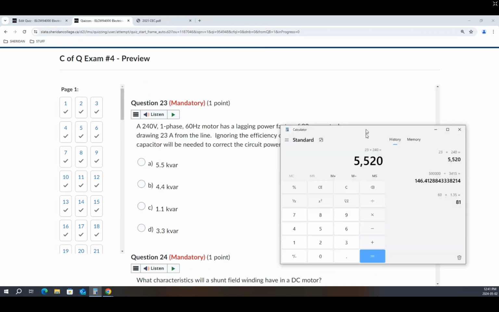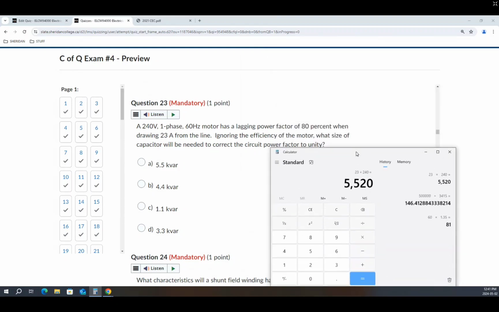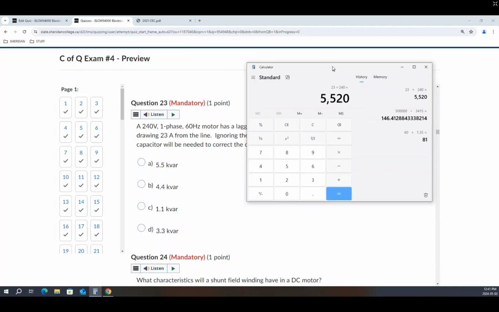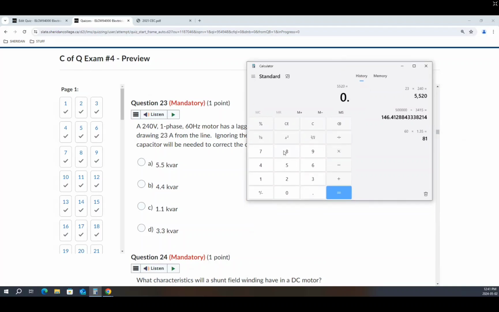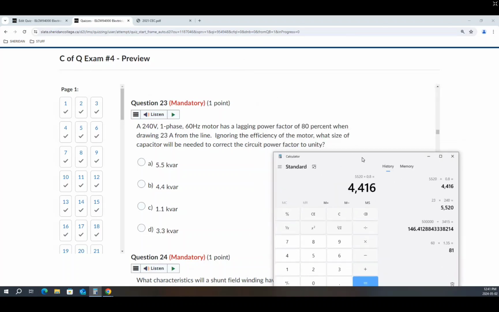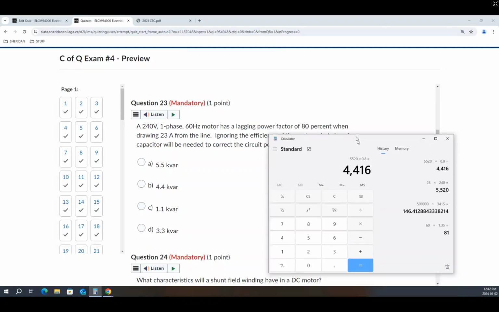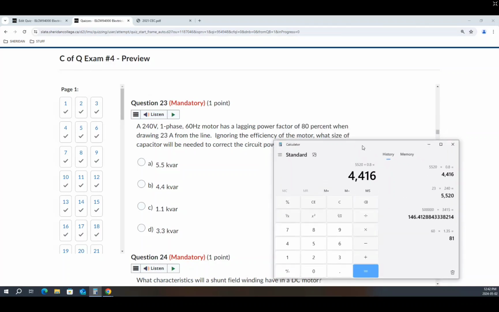The kilowatts, so we're running at 80% power factor. So I'm going to multiply that. So I've got 4416 at the power factor. To get the size of my capacitor, I'm going to take the square root of the difference of the ideal and the motor amount.